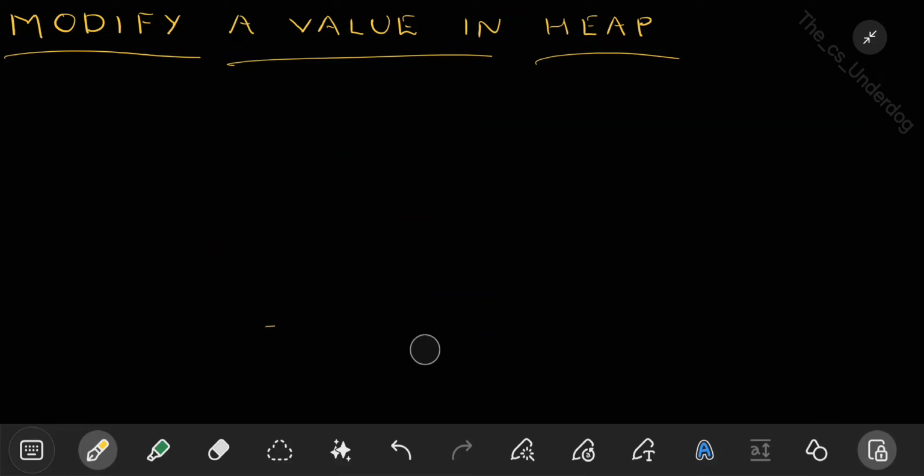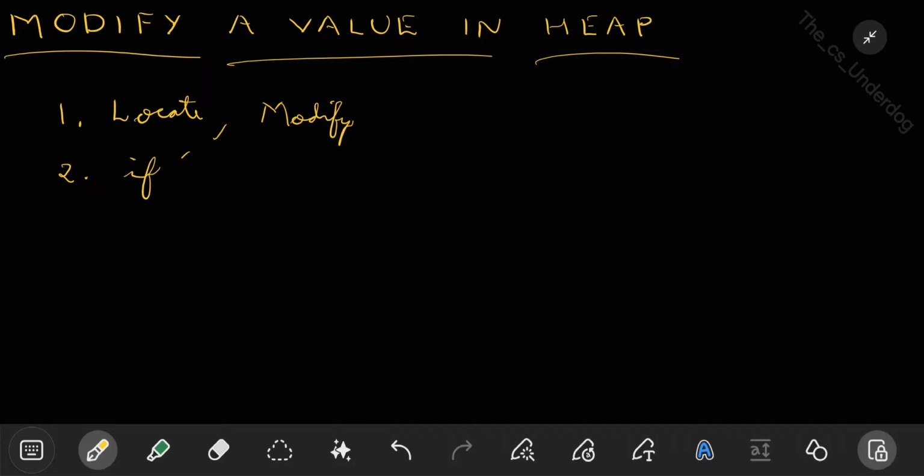Let us see what the algorithm is. I'm just writing this down. First, you have to locate whichever node you have to modify, and modify the value. After you modify, the next thing is to check whether you increased the value or decreased the value.